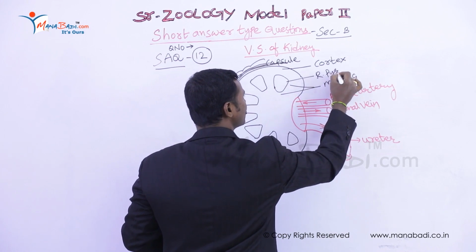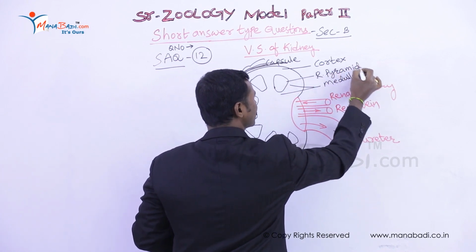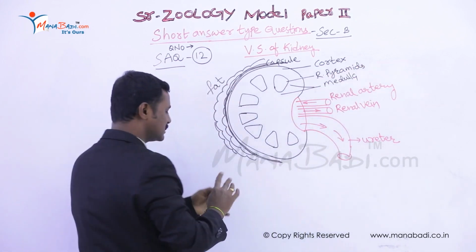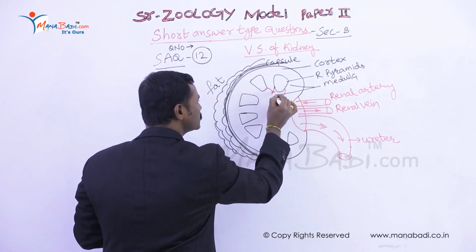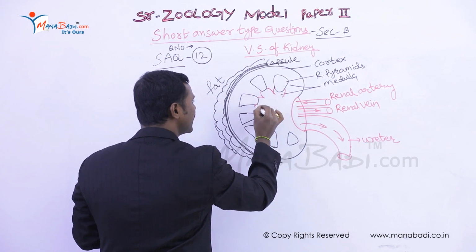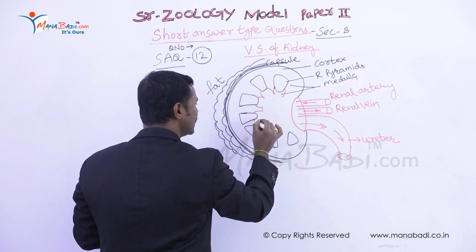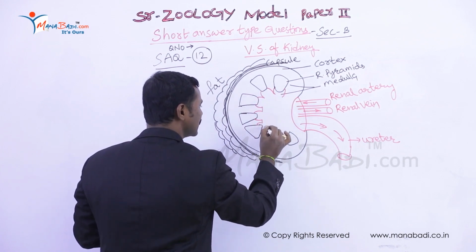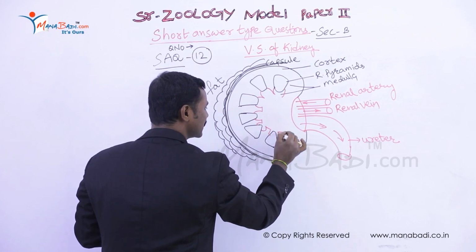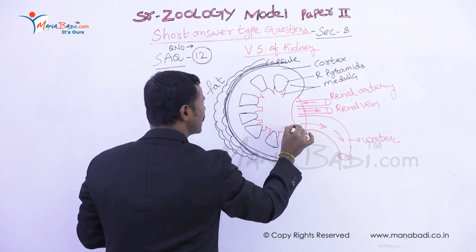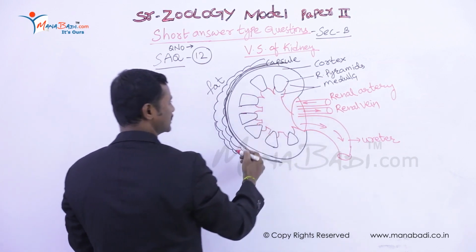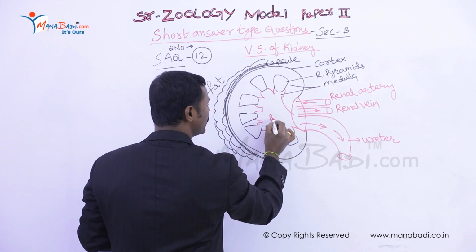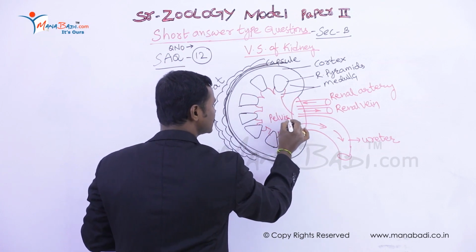What are these? Renal pyramids. So these pyramids, where are they going to open? These pyramids are going to open into cup-like structures called calyces. What are these? Calyces, cup-like structures. So all cup-like structures, calyces, open into the pelvis.